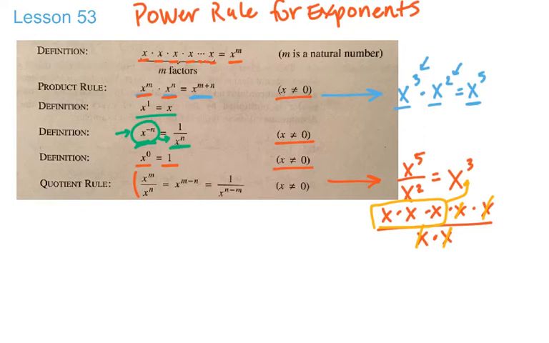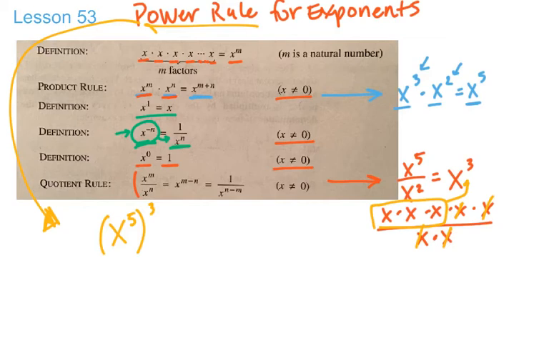So to complete the list of rules for exponents, we're going to introduce the power rule. So this is the one we're talking about today, and we're going to write this one down here. The power rule is what happens if you have x to the fifth, for example, and you raise that whole thing to another power, like to the third power.